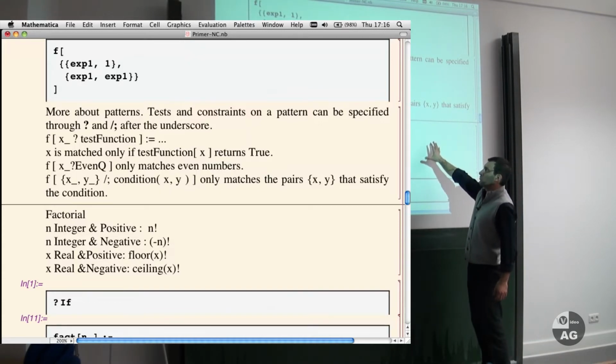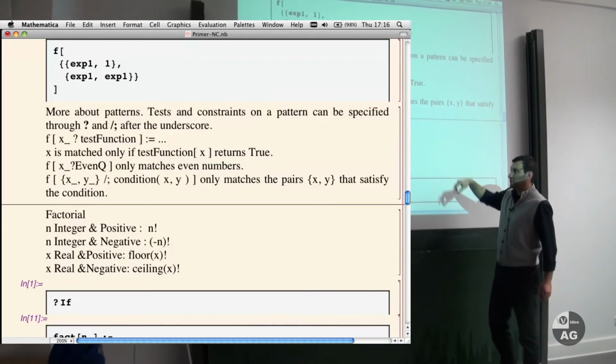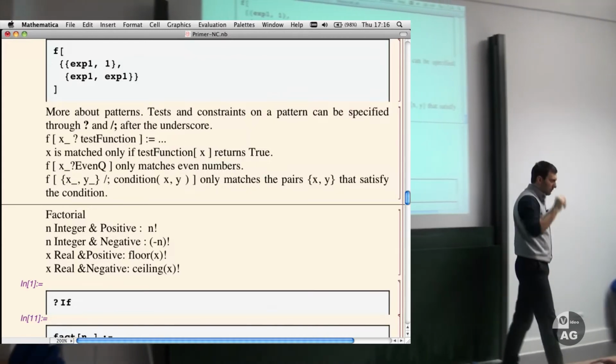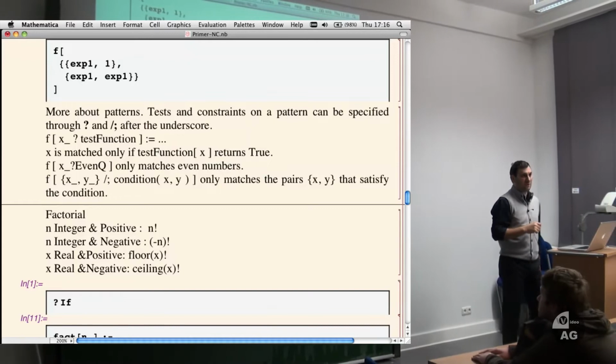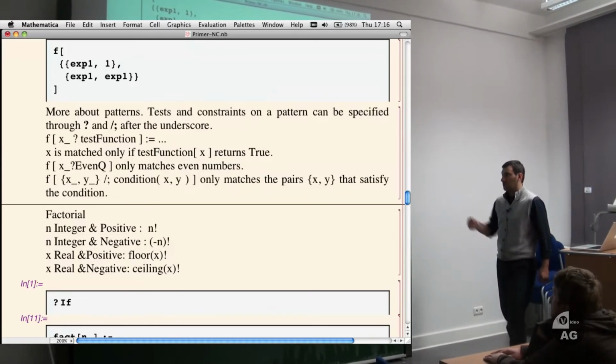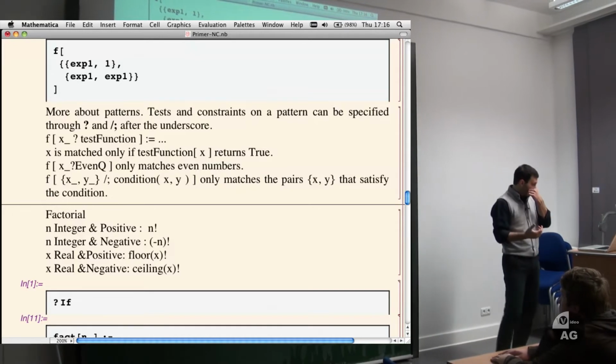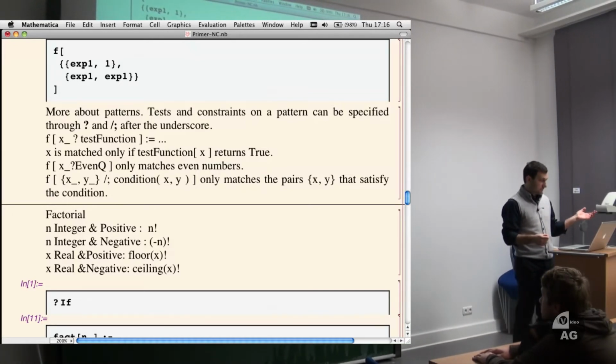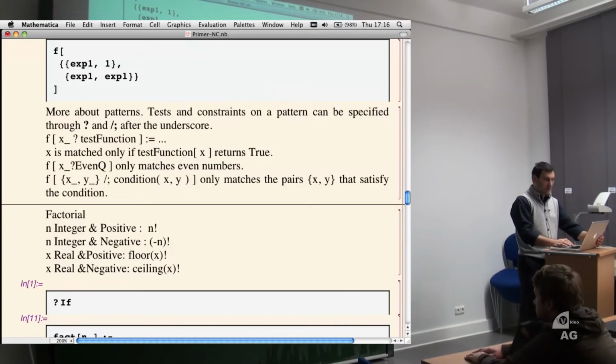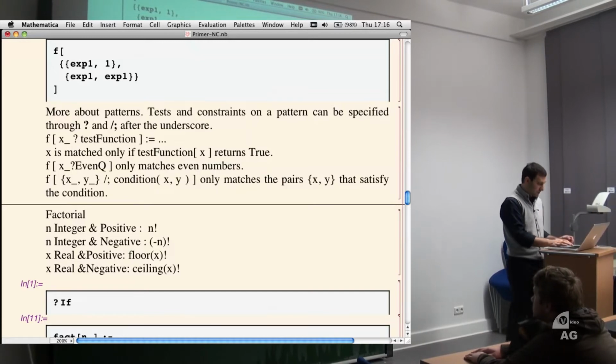For now I want to continue talking about constraints, and I will start with our own definition of a factorial function. I want to extend the factorial definition to negative numbers as well as non-integers, so real numbers.